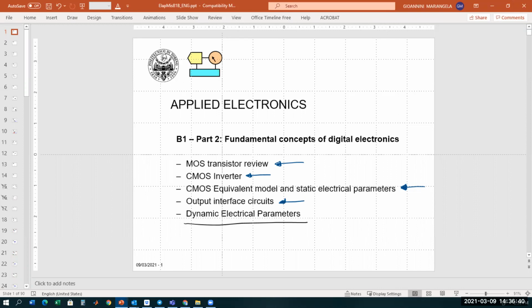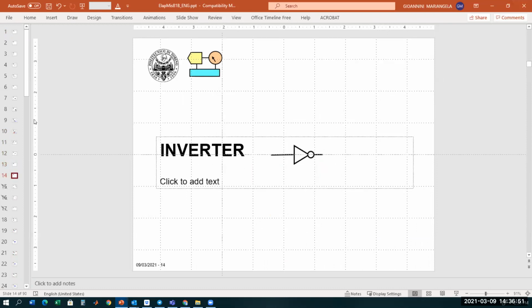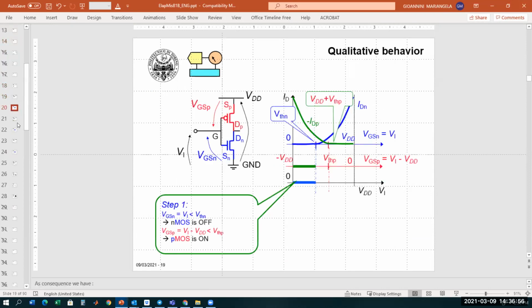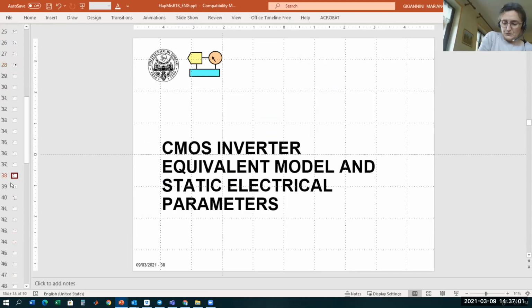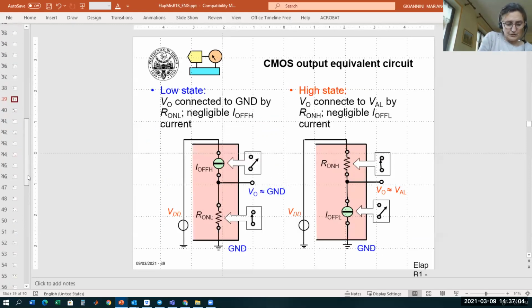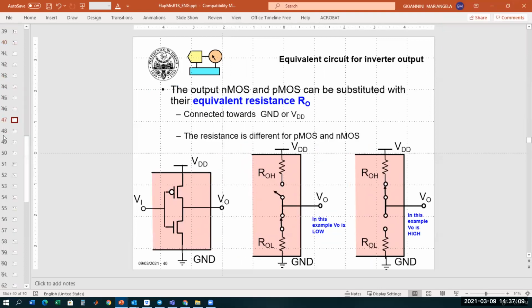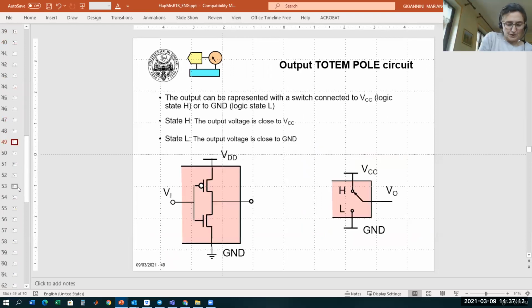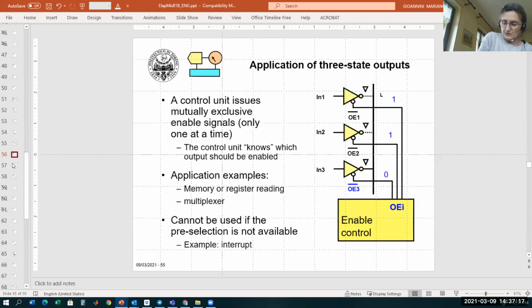I have a question regarding the open drain output interface. I realized that the output voltage will change if we have a load at the output. So does it somehow affect the compatibility between the two modules? Yes. I repeat the question also for the other students. Let me find the slides, just to remind the others what we are speaking about.